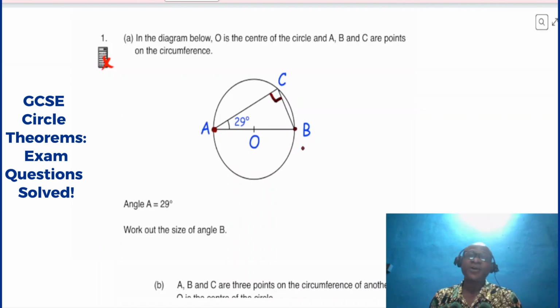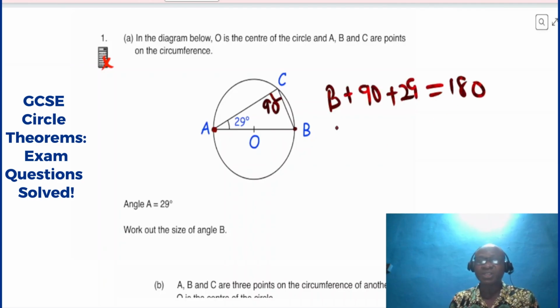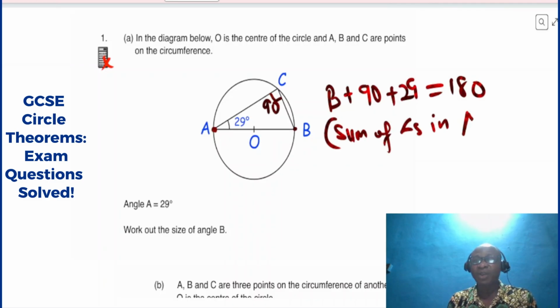I understand. Therefore, if you agree that this angle is 90, for you to find angle B, as they mentioned, angle B plus 90 plus 29 is equal to 180. What is my reason? Sum of angles in a triangle. Every triangle, if you add all the angles inside it, it must be 180. You have heard about this theorem before, isn't it?